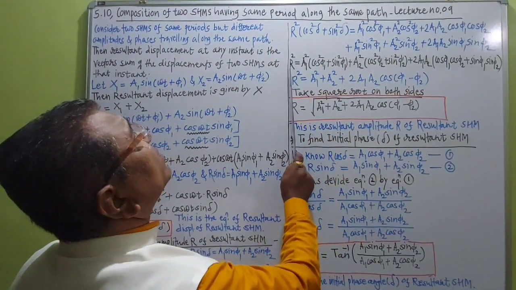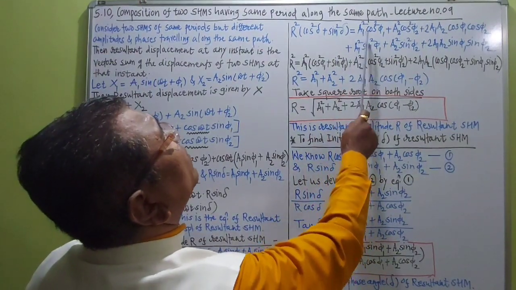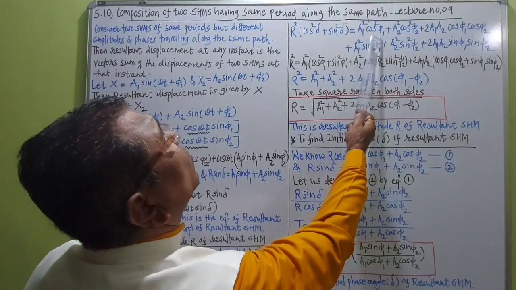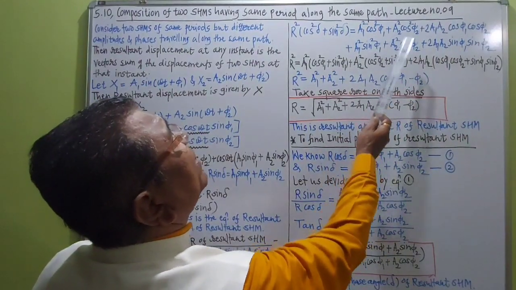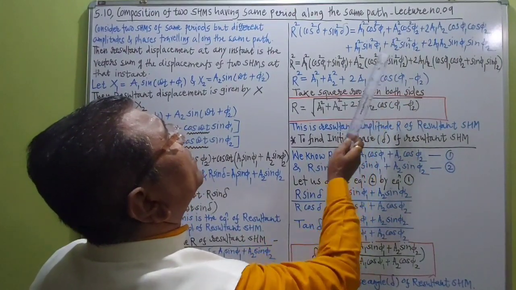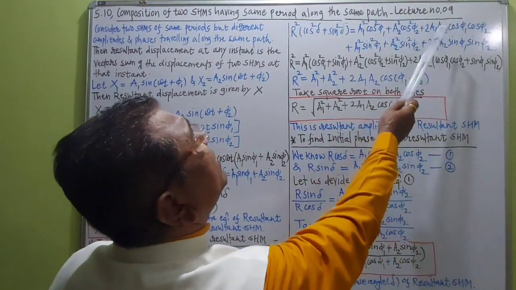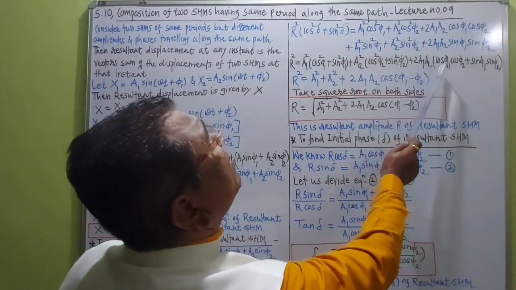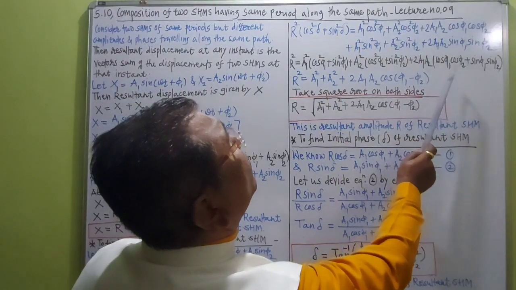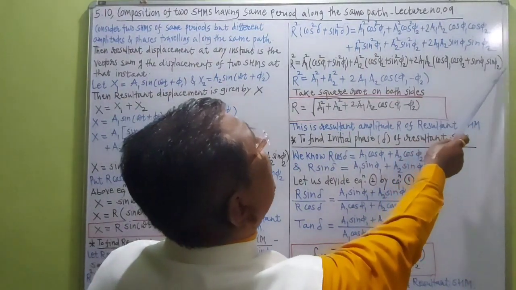So simply R square will remain equal to A1 square, which is common from these two terms, cos square phi 1 plus sin square phi 1, plus A2 square, common from these two terms, cos square phi 2 plus sin square phi 2, plus 2 A1 A2 common in these two terms, and inside the bracket cos phi 1 cos phi 2 plus sin phi 1 sin phi 2.